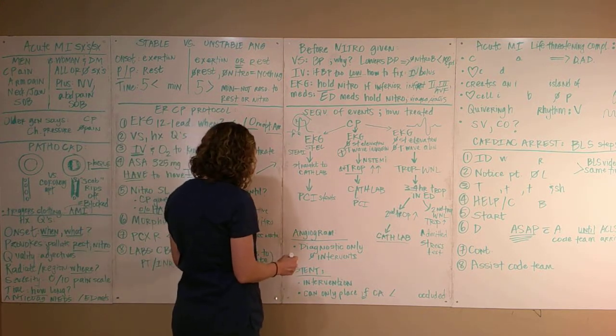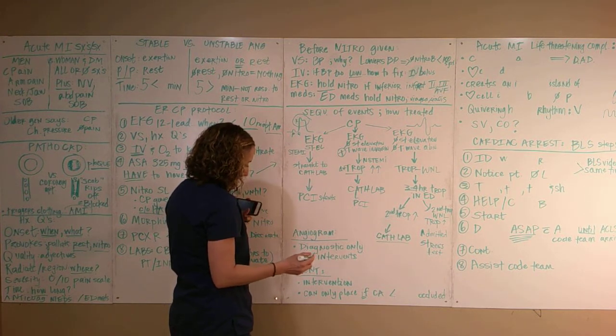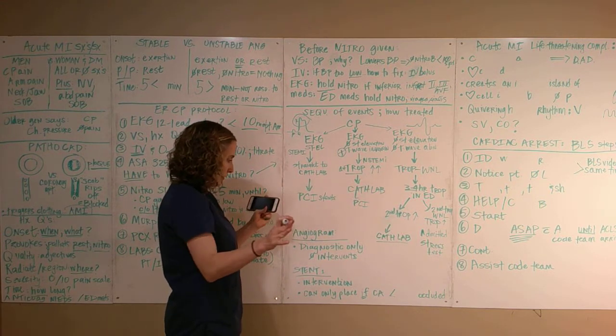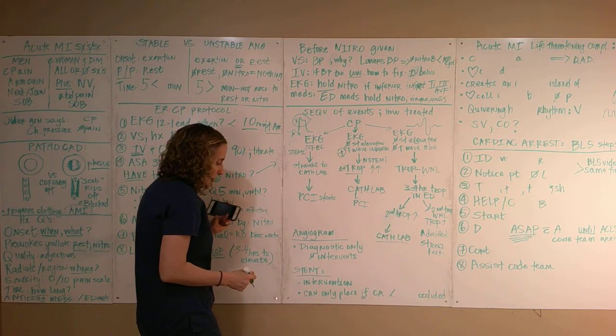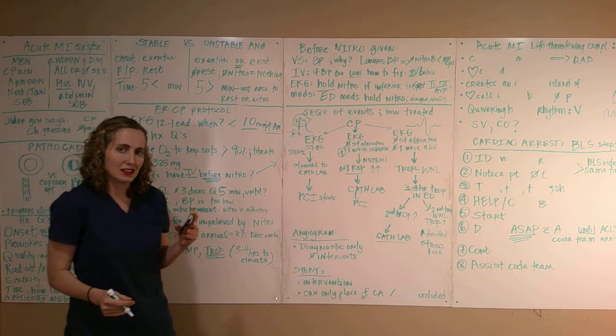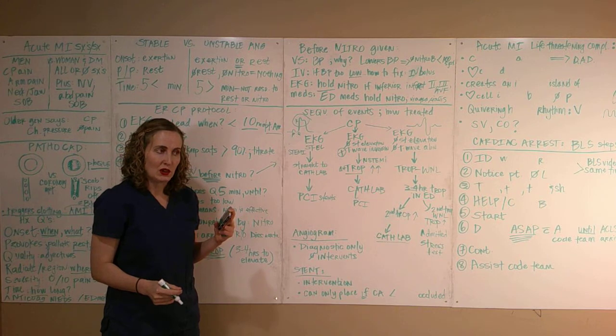Then an interventional cardiologist comes in and does the actual stent placement if they've been diagnosed with a blockage that would warrant stent placement. Now, one thing we need to understand is why can't they put a stent in if an artery is occluded 100%? Well, because if an artery is occluded 100%, then there's no room for that stent to slip in.